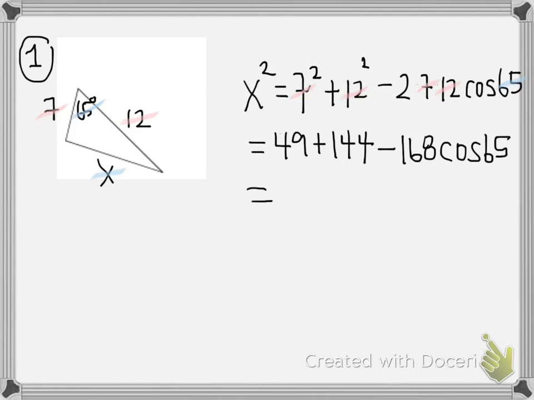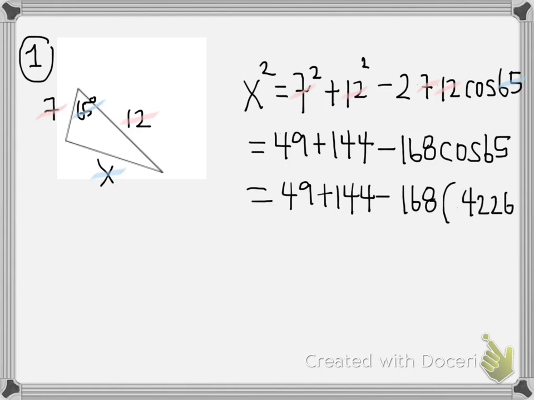So 49 plus 144 minus 168 times cosine of 65, which is roughly 0.4226. Multiply that times 168, and that's about 70.99.